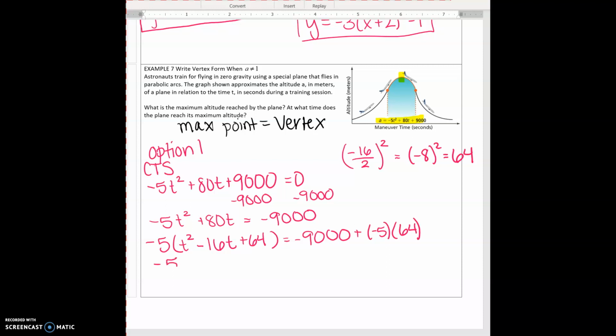Factor it, so negative 5, and then this would be t minus 8 squared. And then this equals negative 9,000 plus negative 320. So that would be negative 9,320.